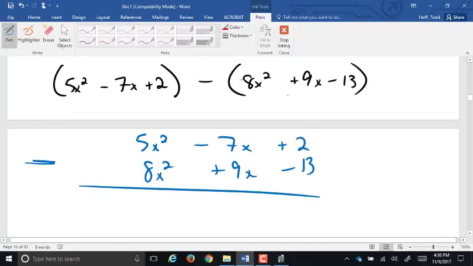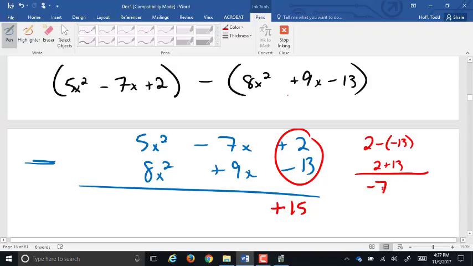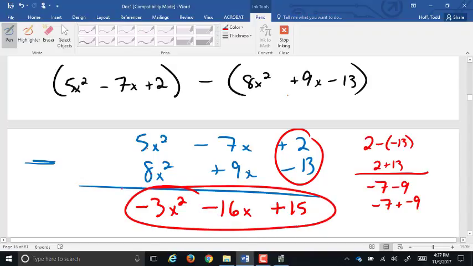So then it's 2 minus a negative 13, which is 2 plus 13, or positive 15. Negative 7 minus 9, which is negative 7 plus a negative 9, or negative 16x. 5 minus 8 is negative 3x squared.